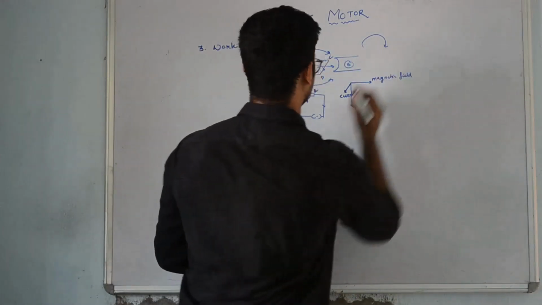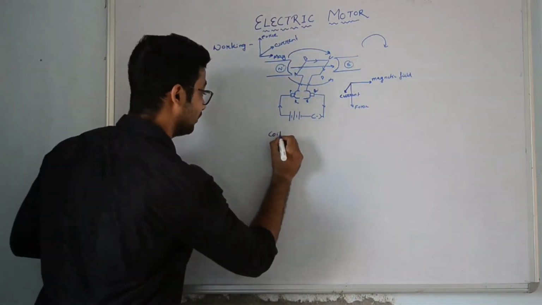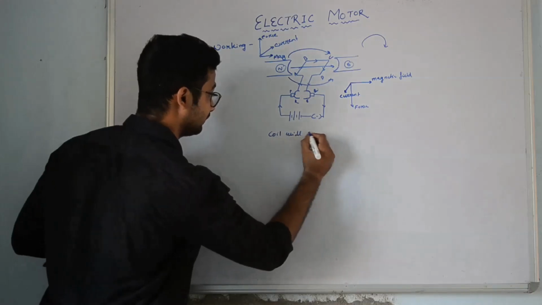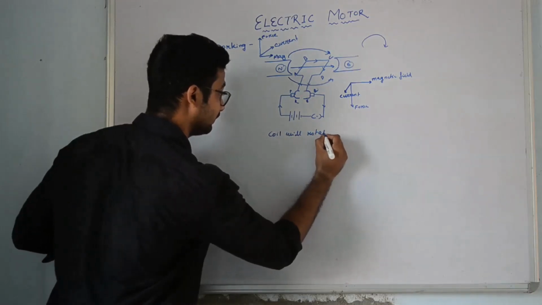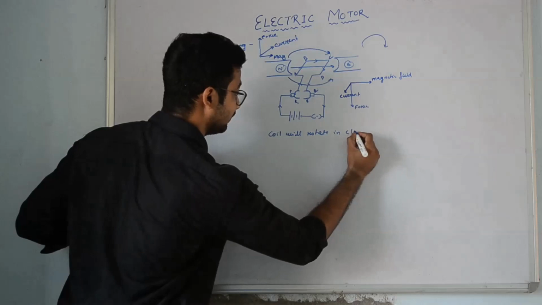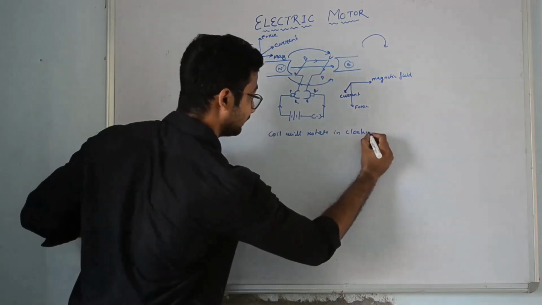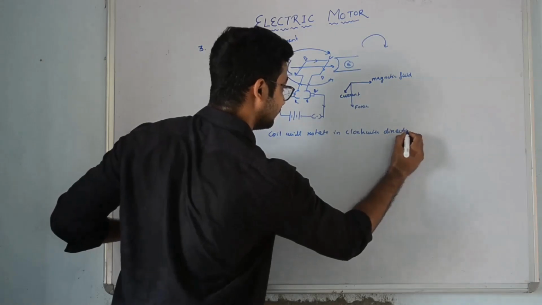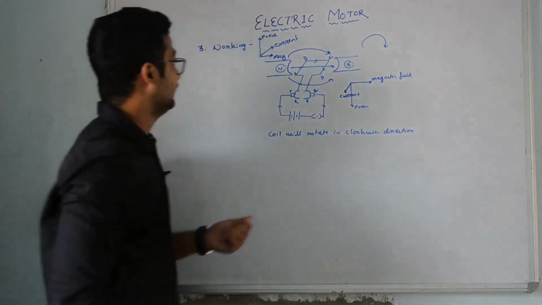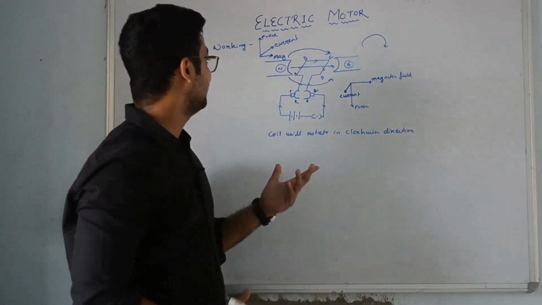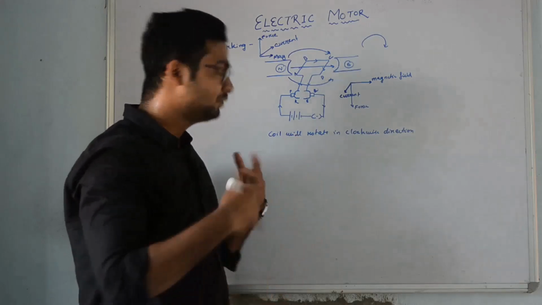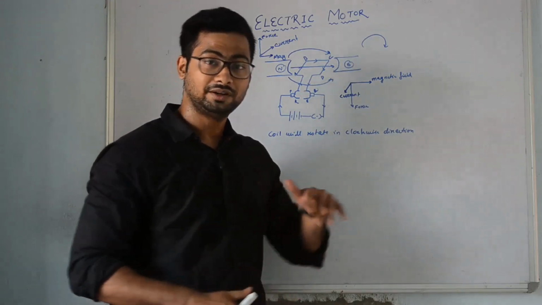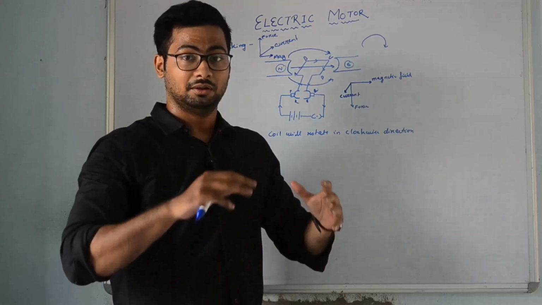So here the coil will rotate in clockwise direction. As we can now say, by using Fleming's left hand rule we can determine the direction of rotation of the electric motor.